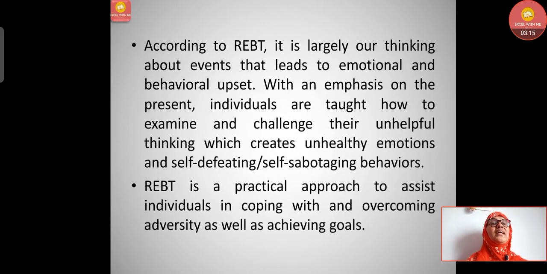Now let's understand in detail. According to REBT, it is largely our thinking about events that leads to emotional and behavioral upset. Obviously, whatever our thoughts about events are, they lead to emotional and behavioral upsets.